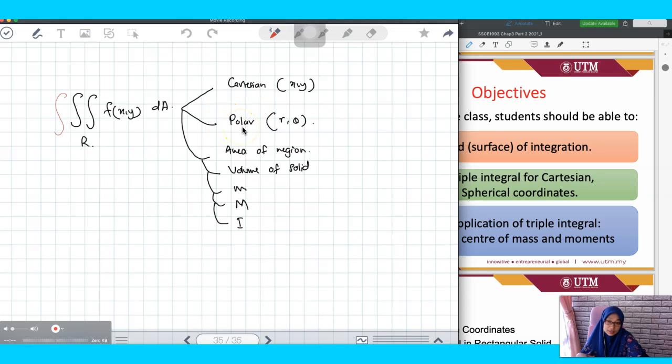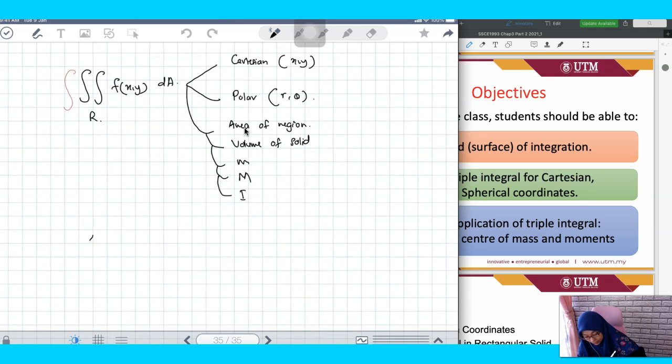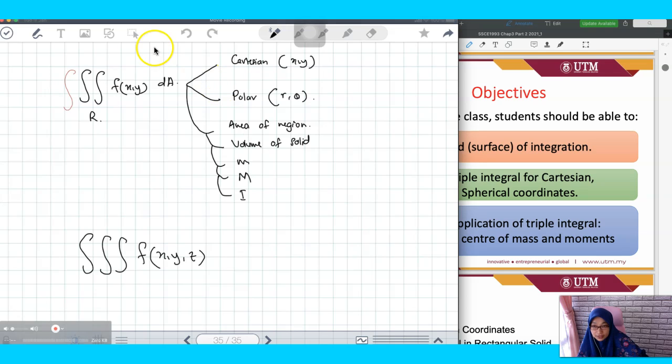The basic idea comes from polar. Because now you have a triple integral, your density function can be in terms of x, y, and z. If in the double integral we have dA, now we have dV.